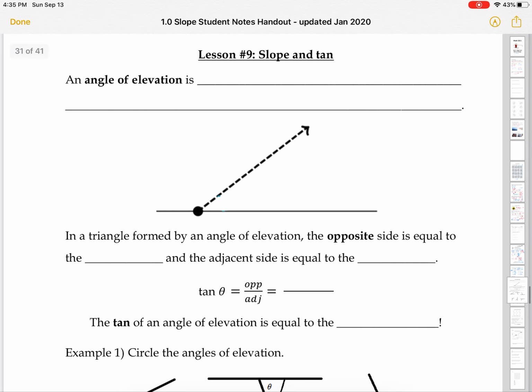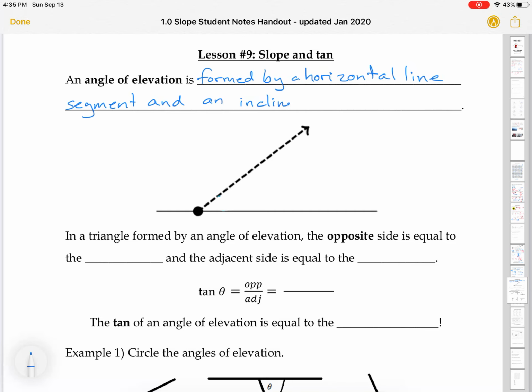Looking at this, the angle of elevation is formed by a horizontal line segment and an inclined line segment.